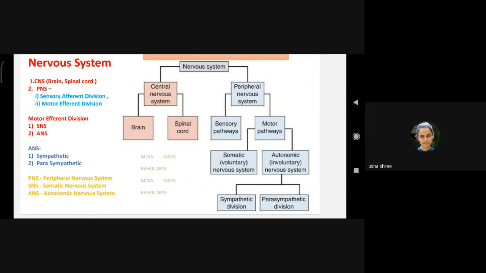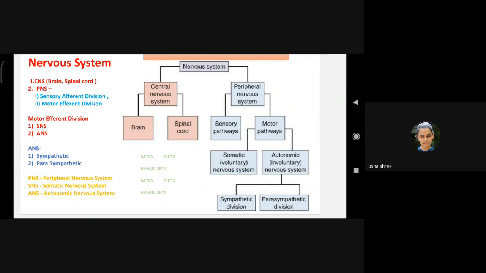Another part of the nervous system is the peripheral nervous system, which consists of the peripheral nerves of our body, means the whole body except the brain and spinal cord is under the peripheral nervous system.